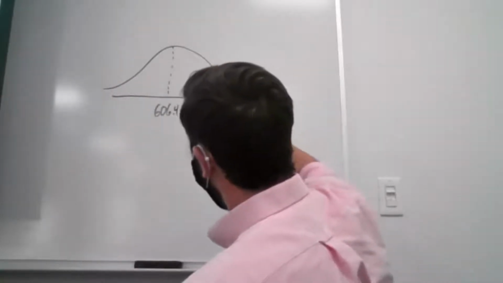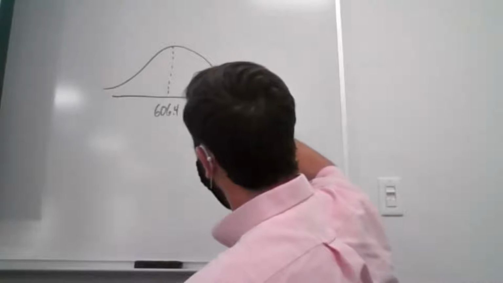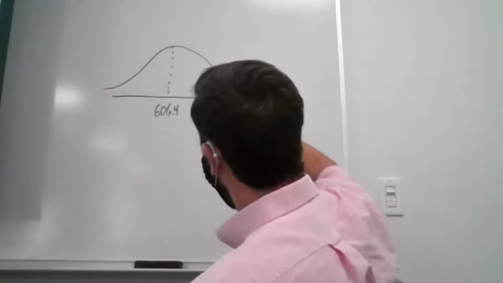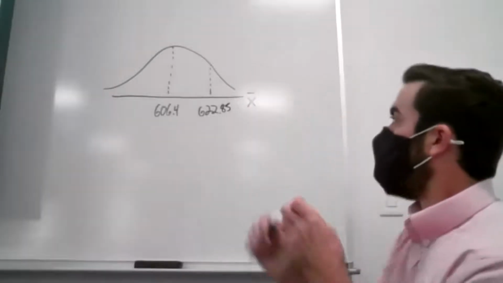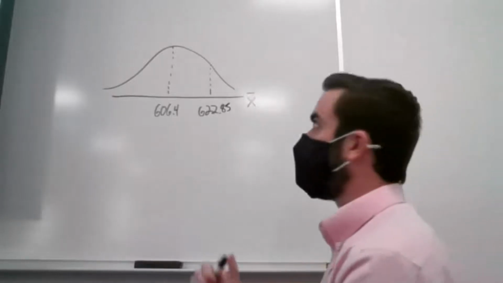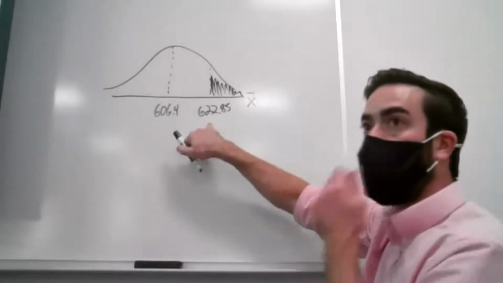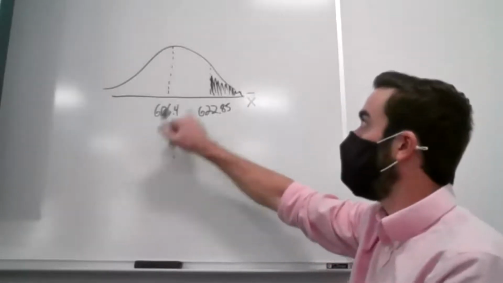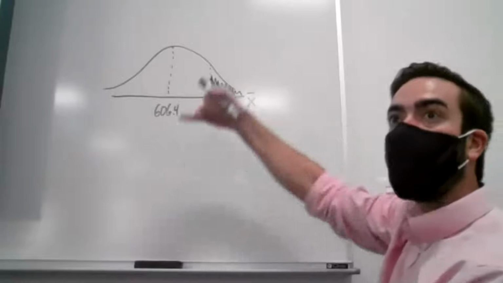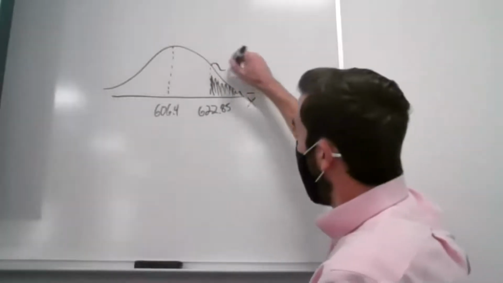I found a sample mean of 622.85, I think it was. So with a two-tailed test, I can find the probability that I saw something this far away from the assumed true value or even further that went against the null, right?